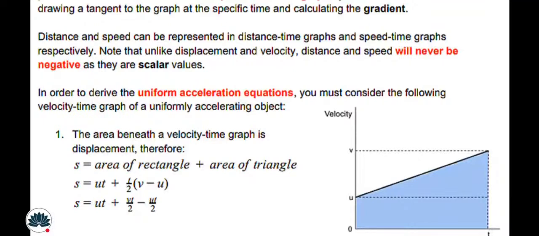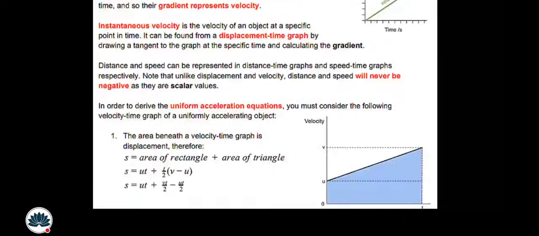So the displacement s is equal to the area of the rectangle plus the area of the triangle, where s is equal to ut plus t upon 2 times (final velocity minus initial velocity).